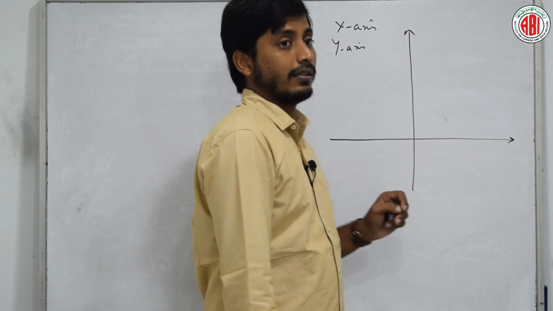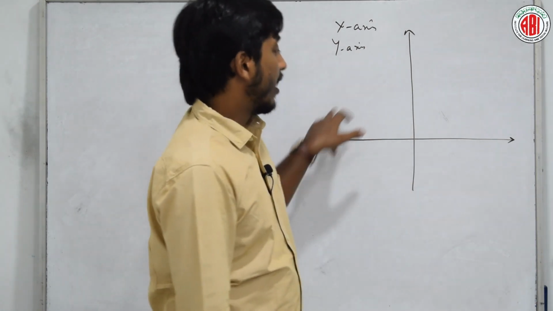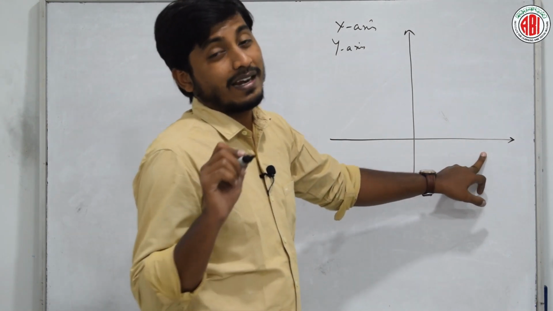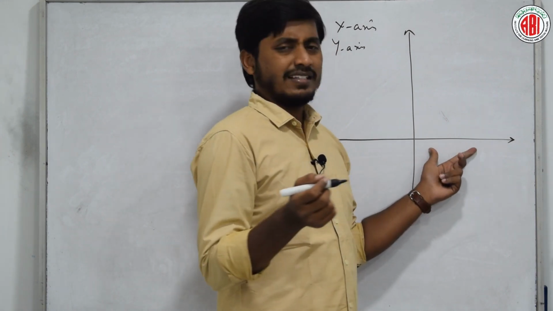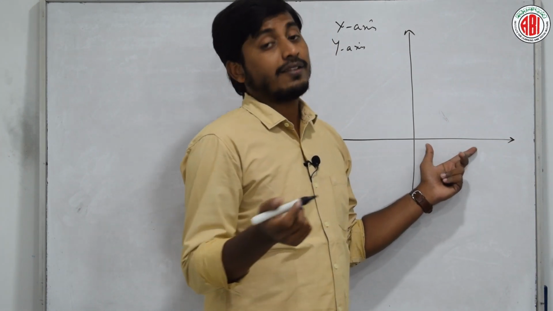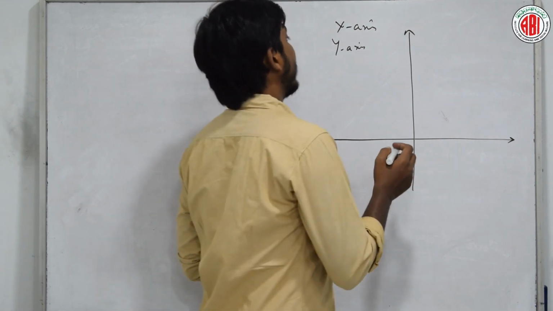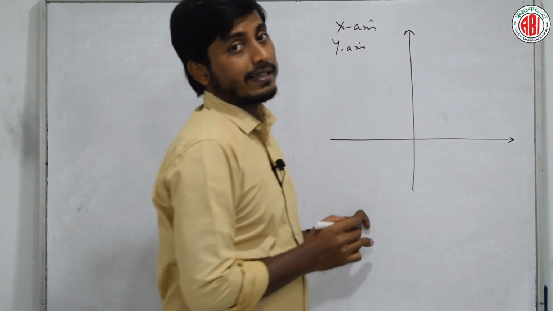Which means whatever line is represented only in terms of x and y, that is a linear equation, it is always a straight line. Here, if you observe, the x-axis is also a straight line, isn't it? Then what is the equation for it? Just try to understand. If you observe, do we have any value of y on the x-axis?